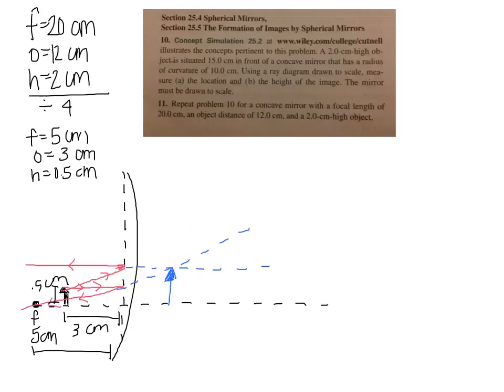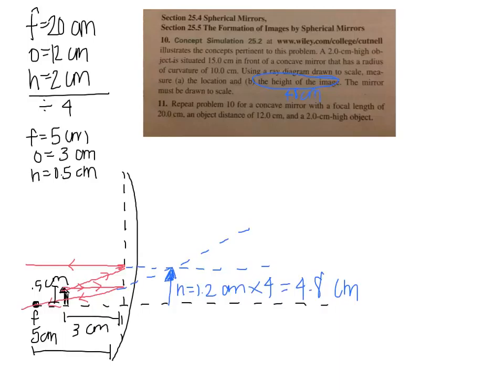So, when I took my ruler and measured everything out, I measured an image height of 1.2 centimeters. Now, is 1.2 centimeters our answer? No. Since we divided everything by 4 to make our drawing more manageable to handle, we must multiply everything by 4. So the image height is 4.8 centimeters.